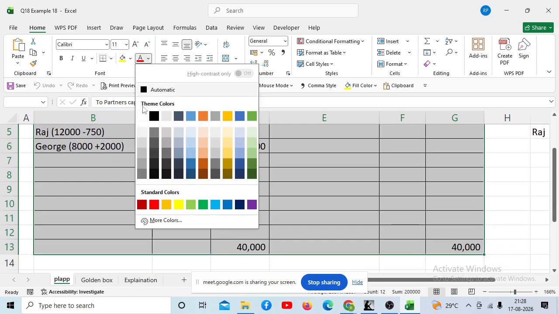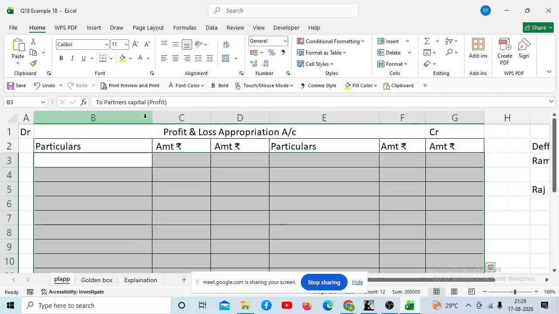Once the columns are ready, tell me it is done. Done. Okay, now let us solve this.